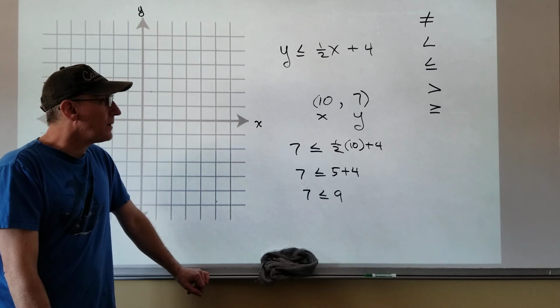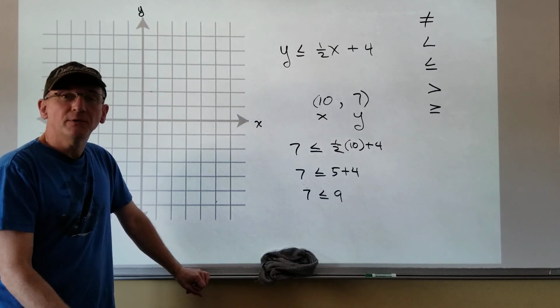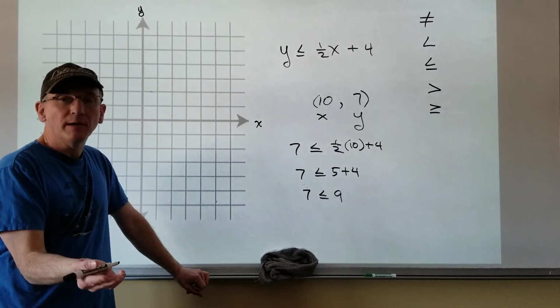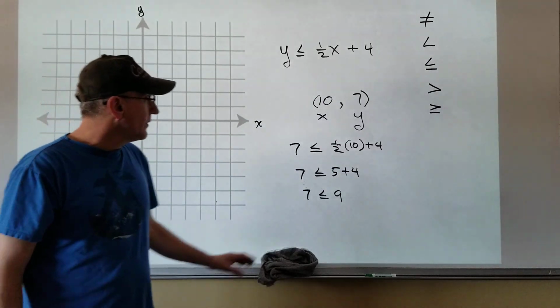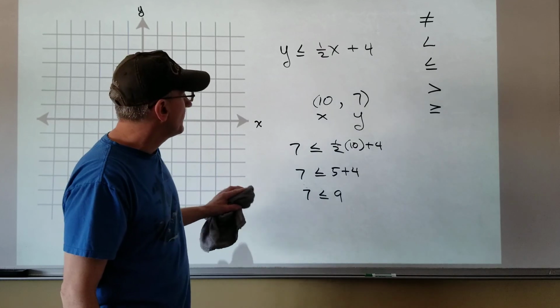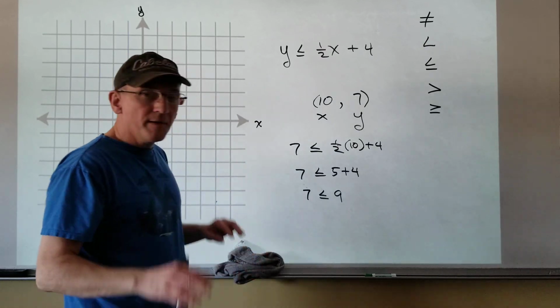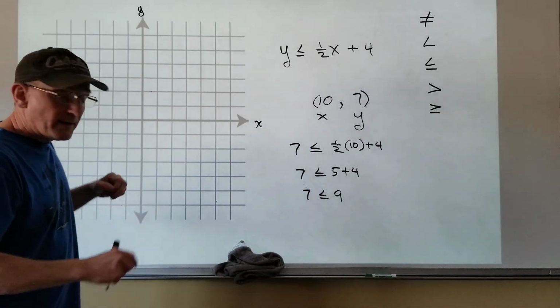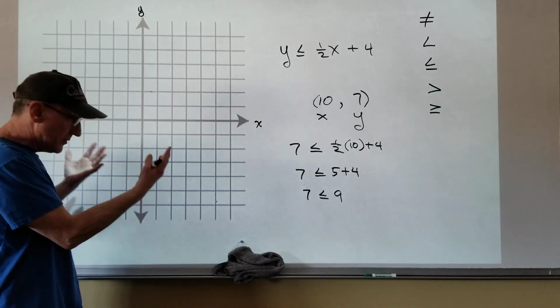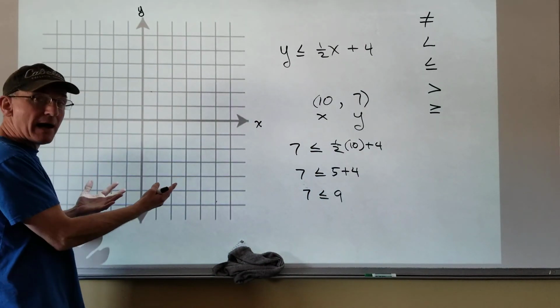Now, because there are so many solutions that you could not possibly write them all down on a page, you can't make a list of them, we have a different method of finding the solutions. Basically, all the solutions to this inequality can get graphed. And when you do that, you find out that there's a pattern.